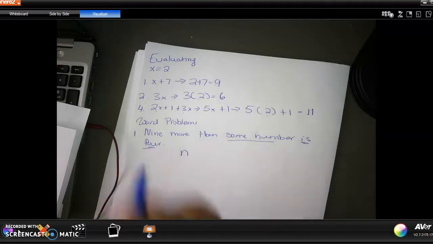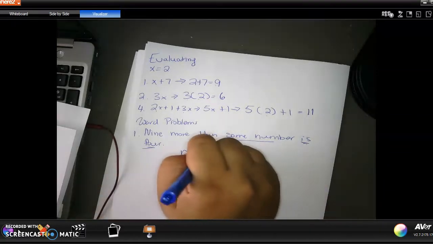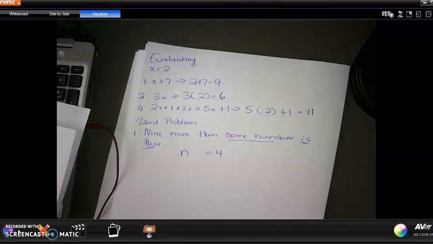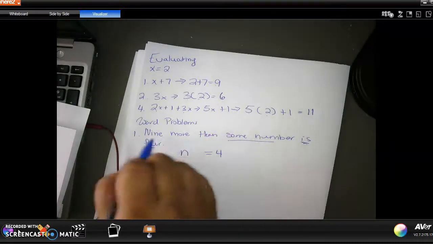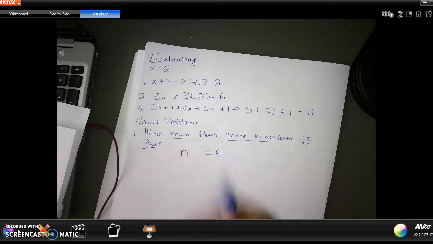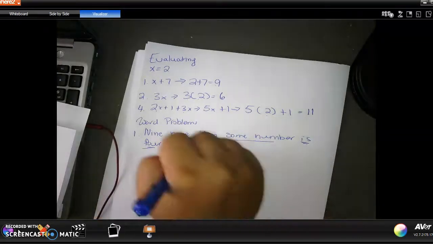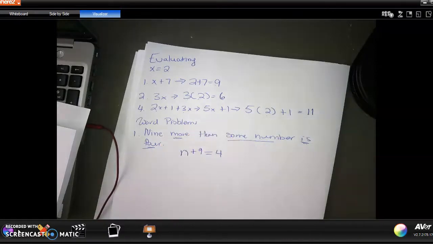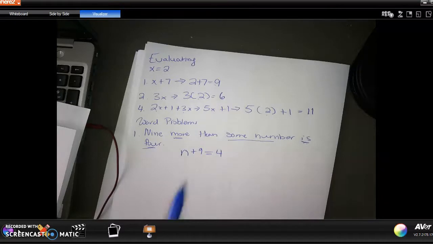So is 4 means equals 4. And it says 9 more. 9 more is our last part. More tells me that it's going to add. So I'm adding 9 more than some number, so n plus 9 will give me 4. Okay? And then to figure out what this is, I would just solve for n.